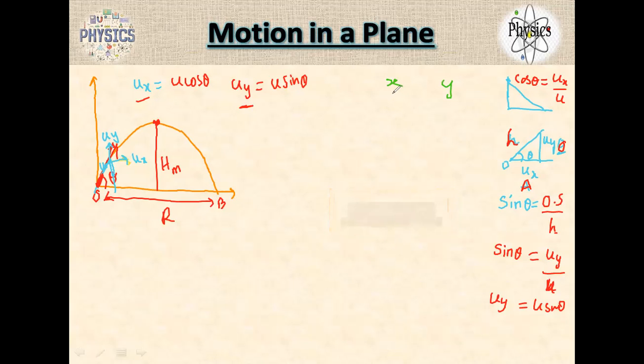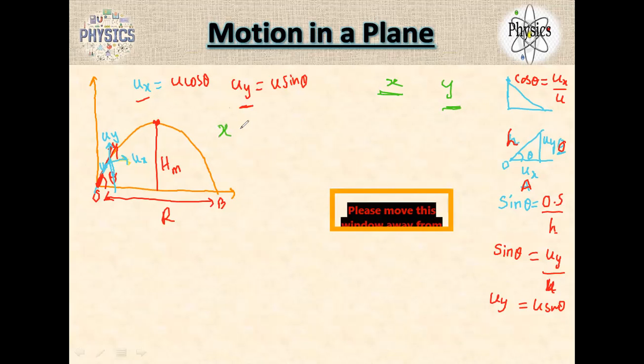First, I want to calculate distance along the x direction. How do I get it? Distance equals velocity into time, right?